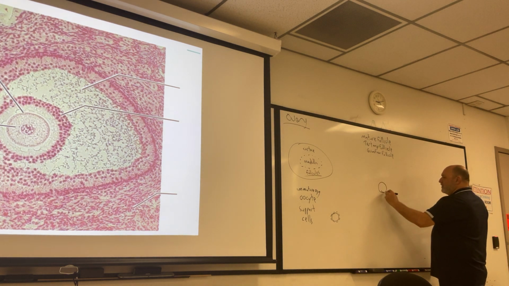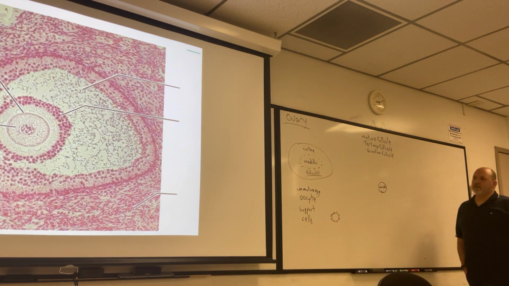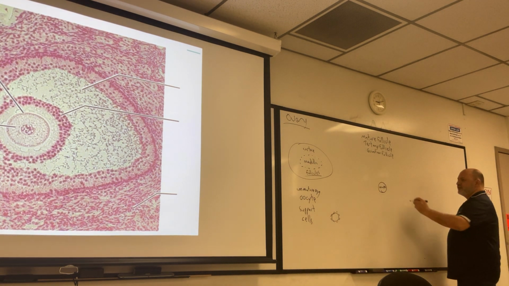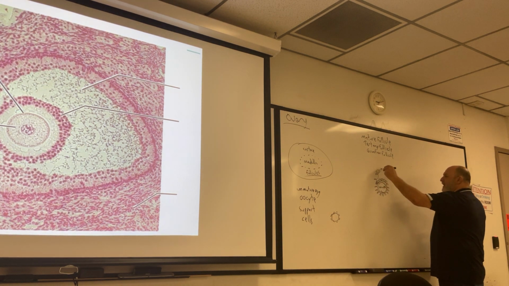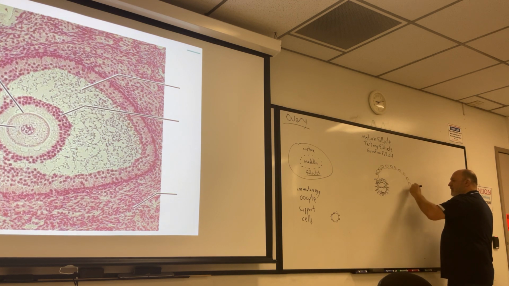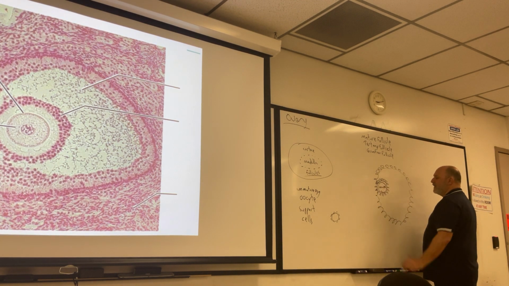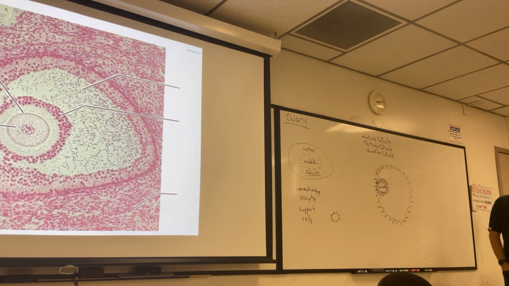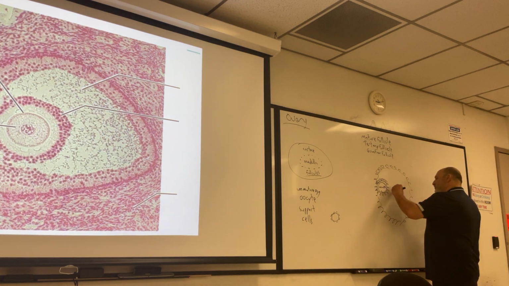It starts with our oocyte. Notice that oocyte is surrounded by a cluster of cells that I'm just going to draw as a squiggly line, and a larger cluster of cells. And one of the key characteristics of this Graafian follicle is this large fluid-filled space known as an antrum.